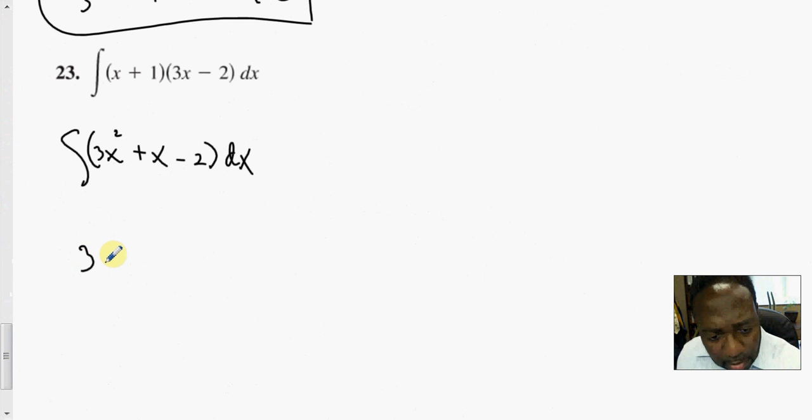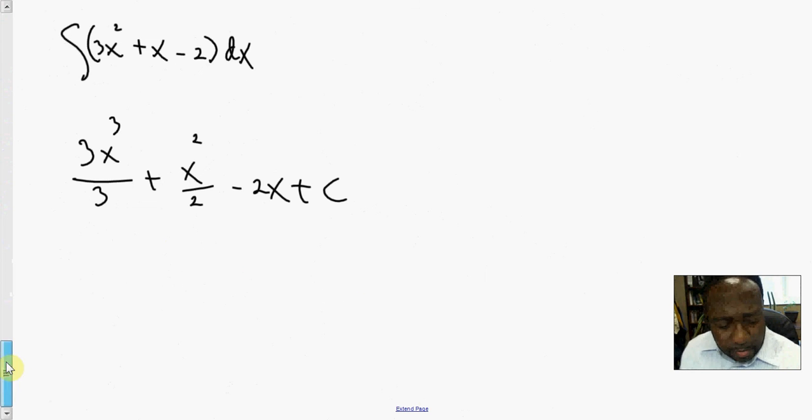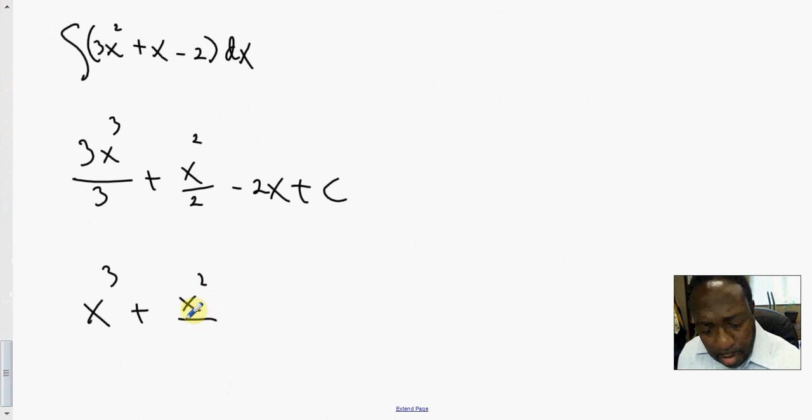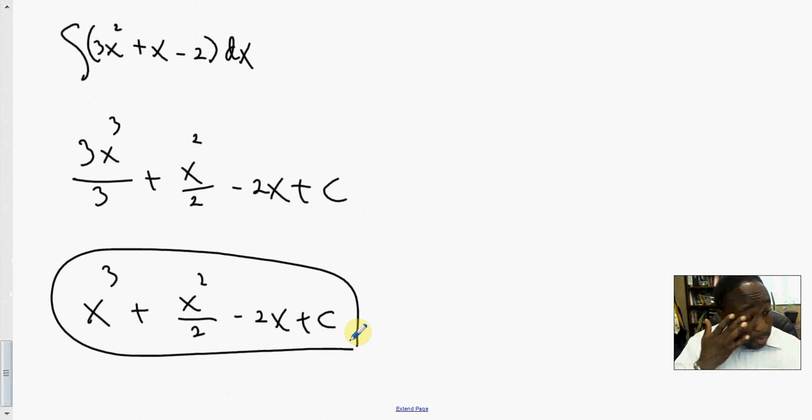So this is 3x to the 3rd over 3, plus x to the 2nd over 2, minus 2x plus a constant. And you can just write that as x to the 3rd plus x squared over 2 minus 2x plus c.